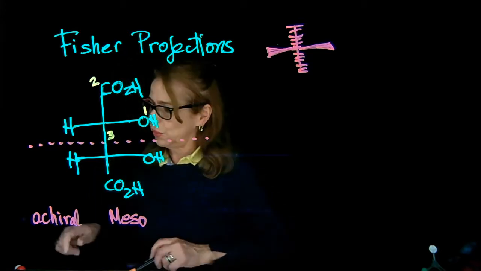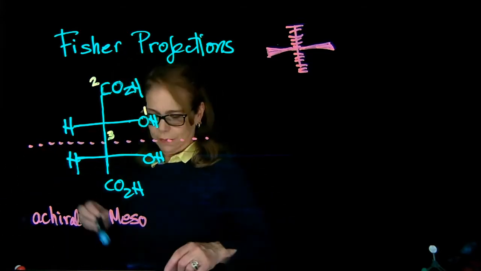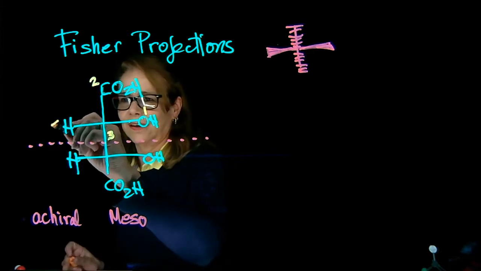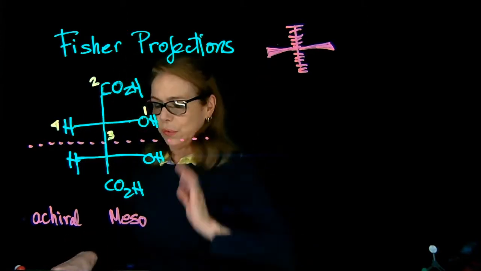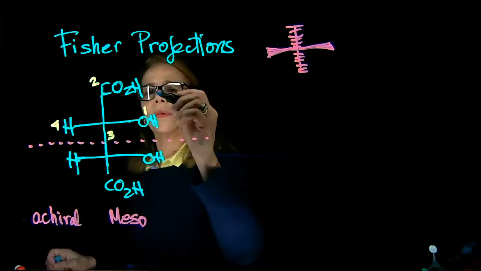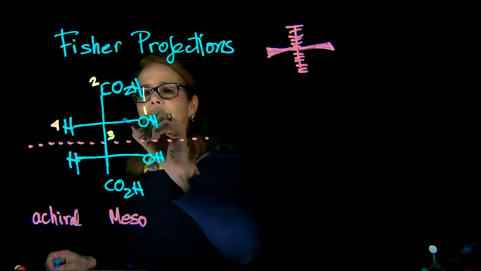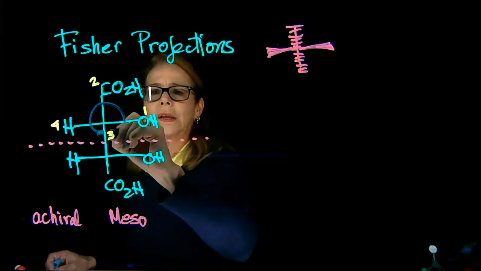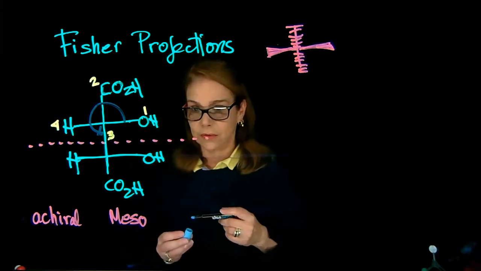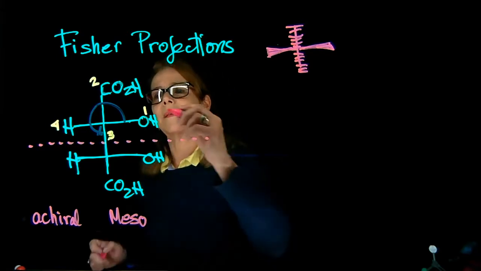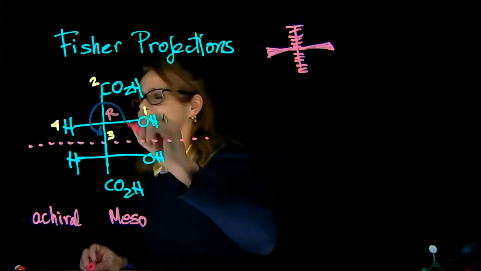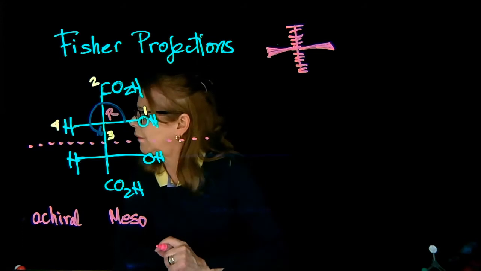Priority 4, of course, is a hydrogen. It is on a wedge, so you're not viewing it correctly. So we're going to go now priority 1, 2, and 3. It looks like we're rotating counterclockwise, but since we're viewing it incorrectly, then this will be R. That's the configuration of that center.